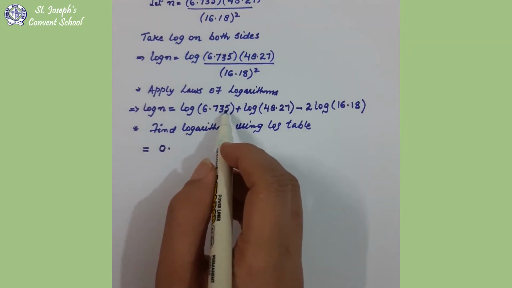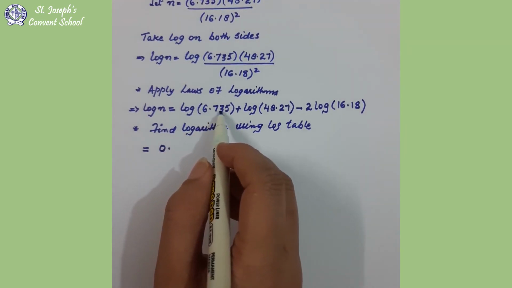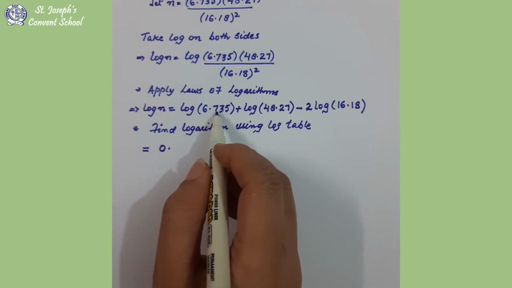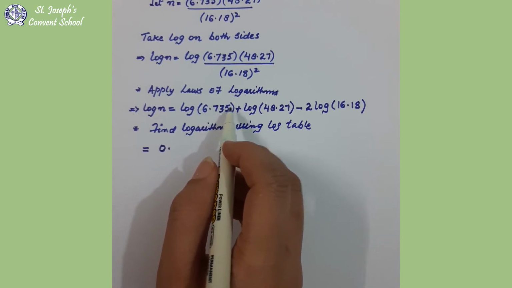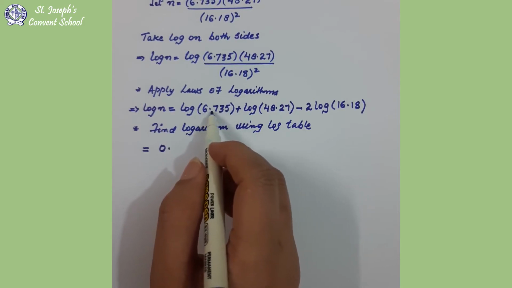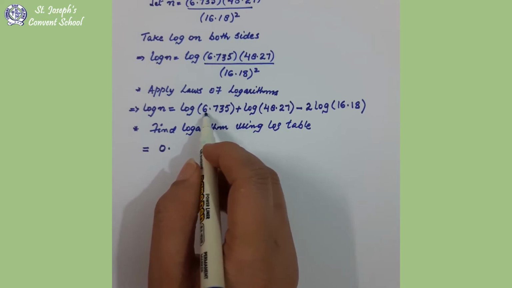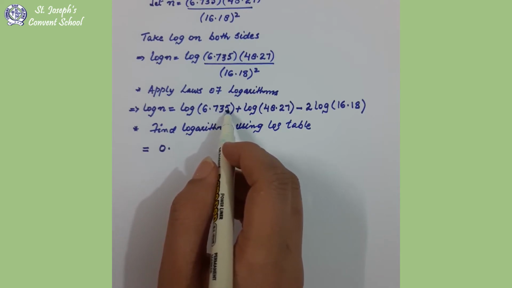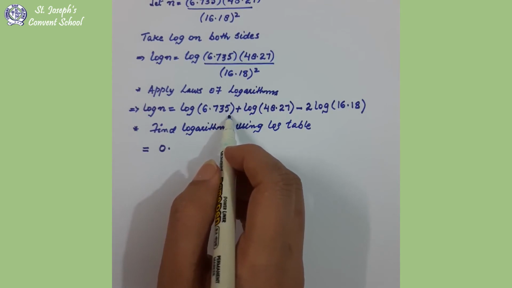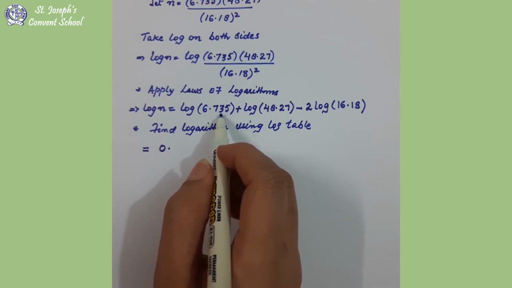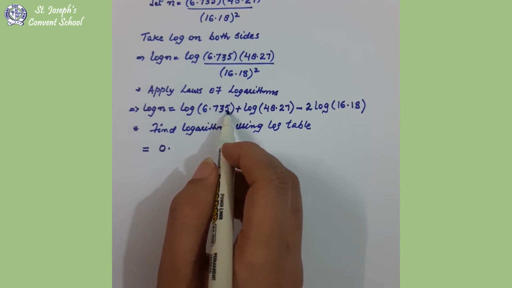Now you will check this in the table: 67 column 3, and mean difference column 5. Add both of them. Whatever value comes from 67 column 3, and whatever the value is in mean difference column 5, add both of them. So 67 column 3 is 8280 and mean difference 5 is 3.